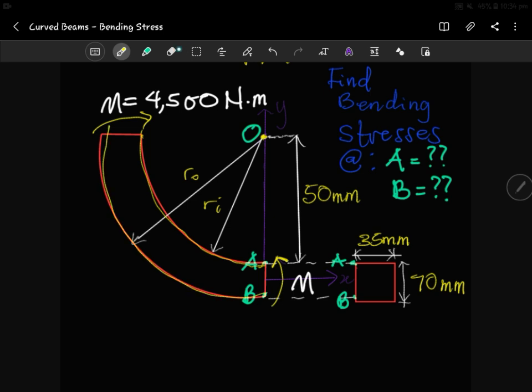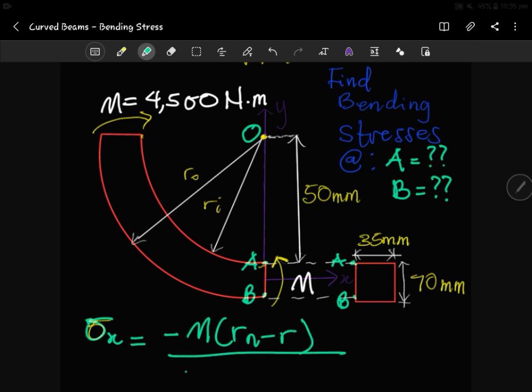So the first thing we do is record the equation. The bending stress equation at any point, we said generally, how is it? Let's write this out. At any position, you have minus M times (Rn minus r) all on Re bracket (Rc minus Rn).